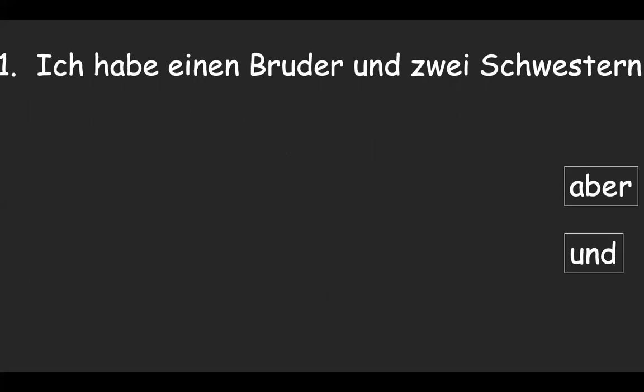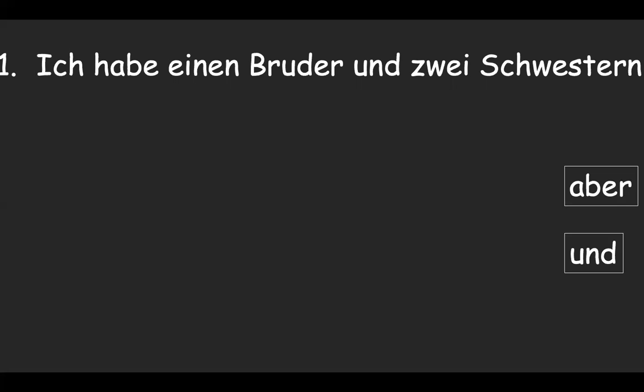So Nummer 1. Ja, ich habe einen Bruder und 2 Schwestern. Yeah, in German, you don't just put an S on the end of a word to make it plural. You have to basically learn the word, learn whether it's der, die, or das, and you also have to learn the ending for the plural.